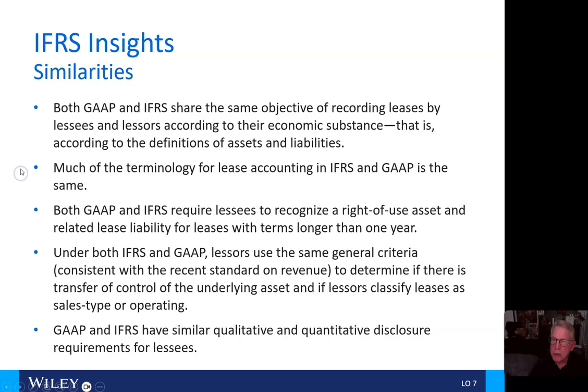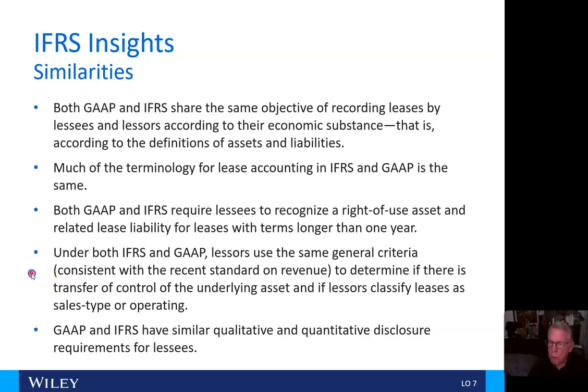Number two, much of the same terminology for lease accounting in IFRS and GAAP is the same. Number three, both require lessees to recognize a right-of-use asset and related lease liability for leases with terms longer than 1 year.